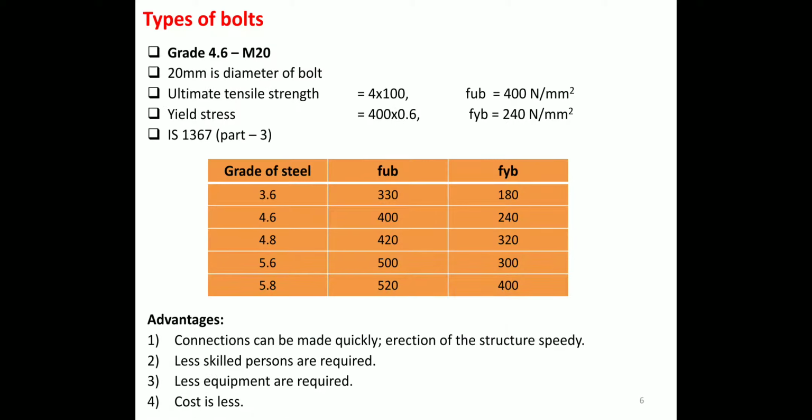Then, dealing with the types of bolt, here we have to understand what is meant by grade of steel or grade of bolt. The first grade of bolt is grade 4.6 of M20 in size, where 20 mm is the diameter of the bolt.